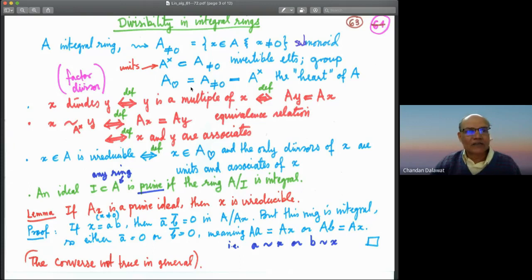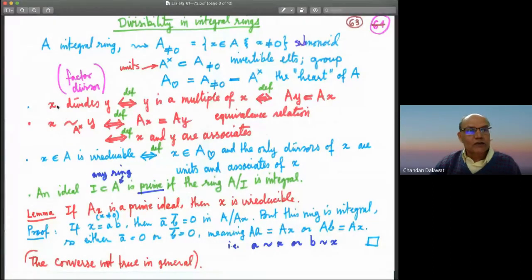So A heart is the set of non-zero elements, but you remove the units. An element is in A heart if it is non-zero and non-unit. Now, if this A is actually a field, then this A heart is going to be empty, if and only if, because the field is one in which every non-zero element is invertible. So that's it.